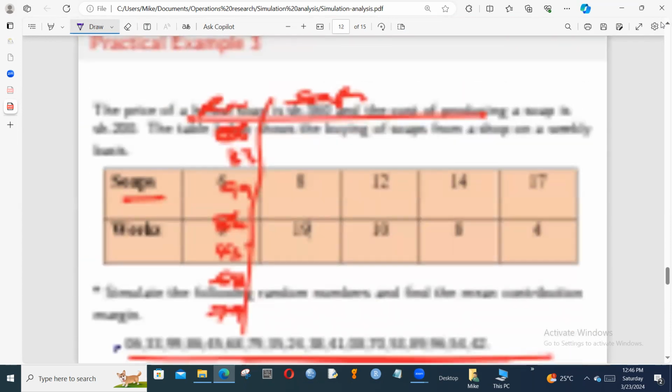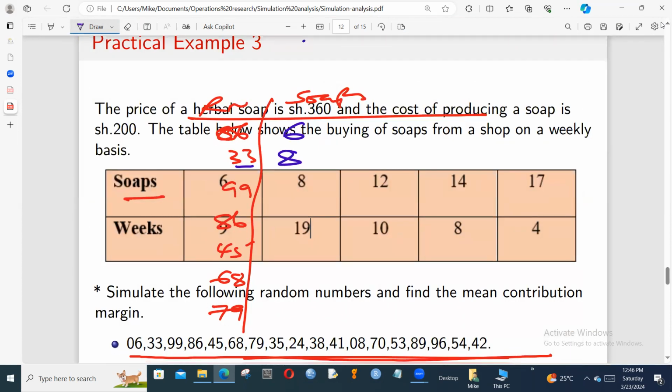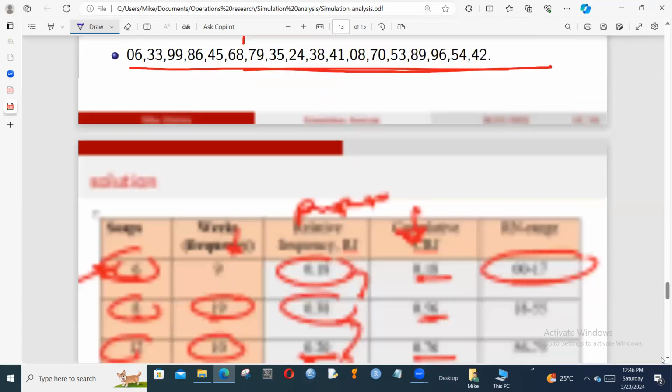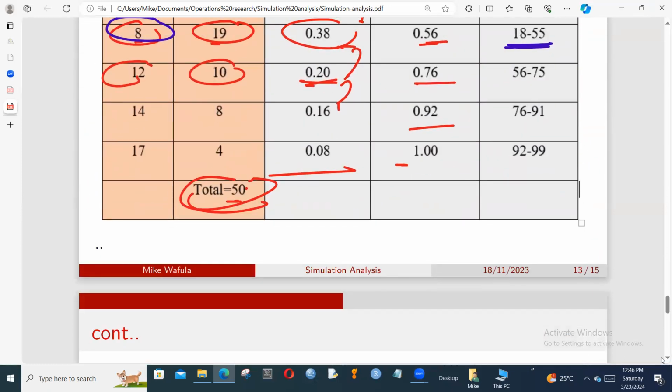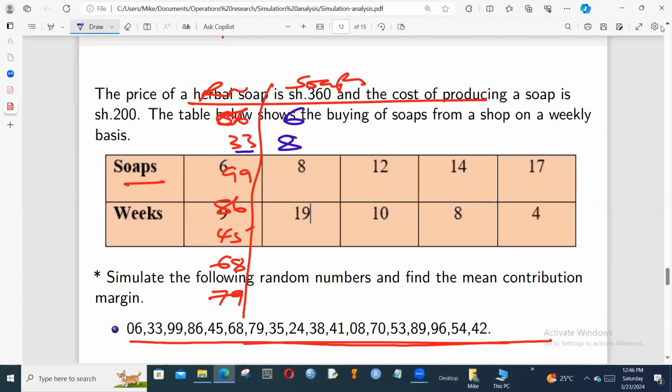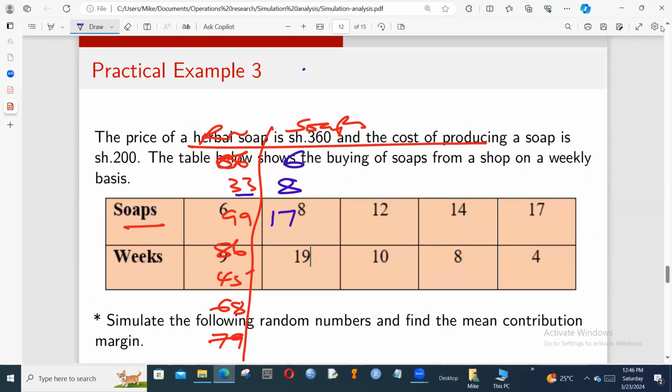So the 8 comes here. Then the next one is 99. See, 99 is here, so it corresponds to the number of SOPs being bought being 17. So 17 comes here. And so you do all that for all of these.